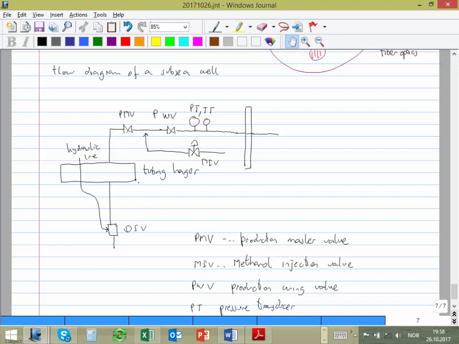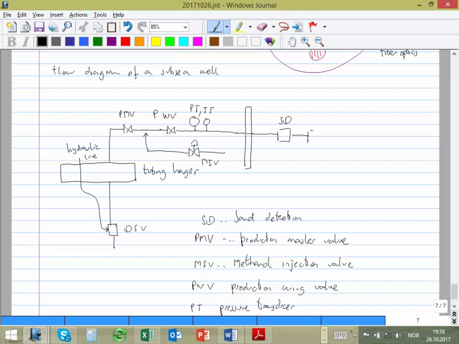I have this in one module, and the choke has its own separate module such that when it goes bad, when I have to change it due to erosion or something, I can just retrieve that module and leave the rest of the tree tranquilo. Okay? So usually in the choke module, I have SD. SD stands for sound detection.